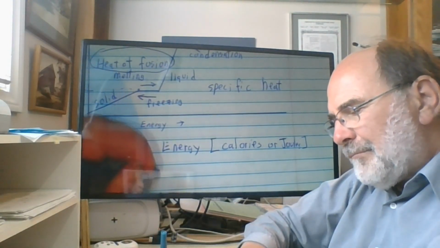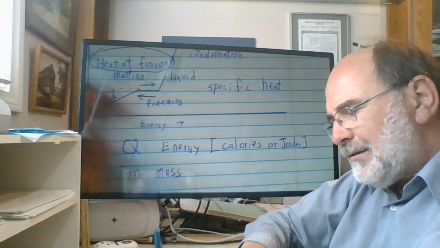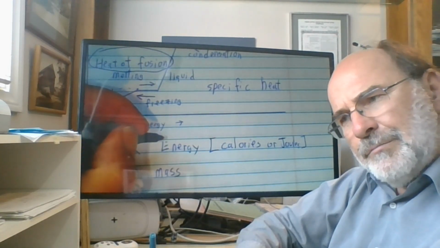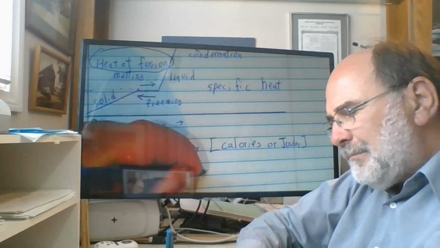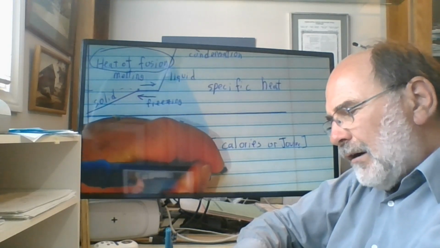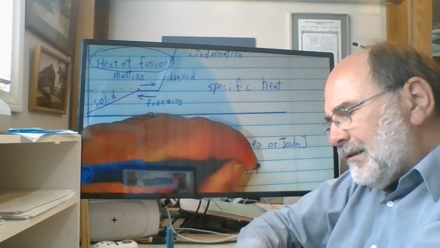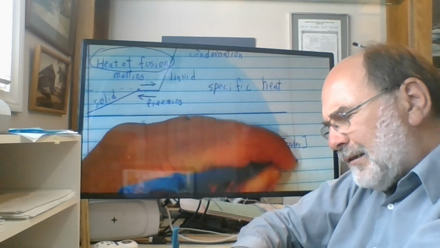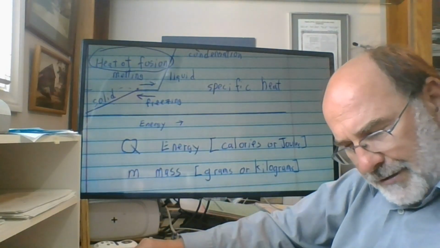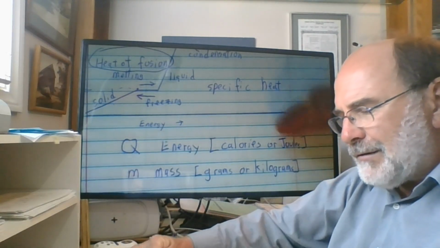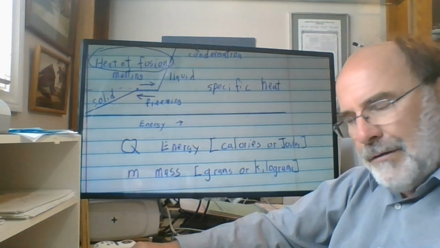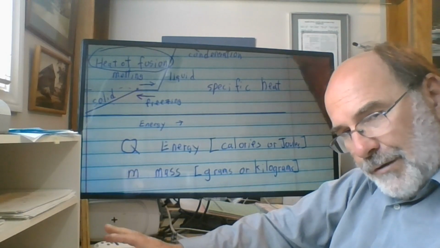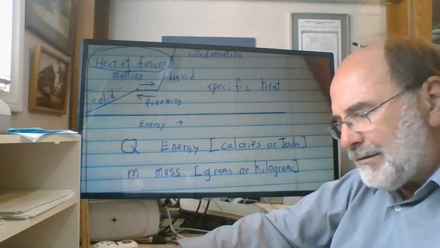M is the mass of the substance, and you should be careful because it could be in grams, often is, but what if it's in kilograms? Of course, you know the conversion because you had to memorize it from the beginning of the school year, that 1 kilogram is equal to 1,000 grams. So anytime that it's in one unit, convert it to the other as necessary.